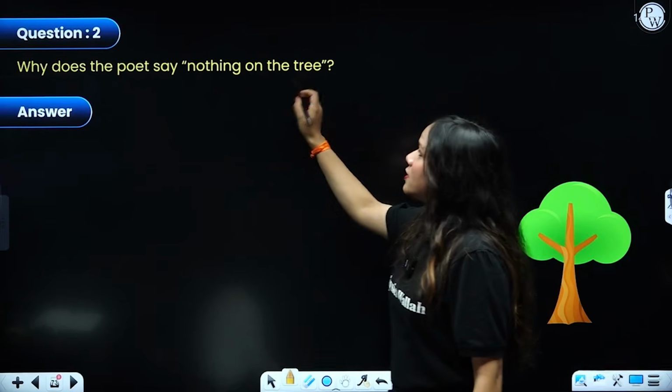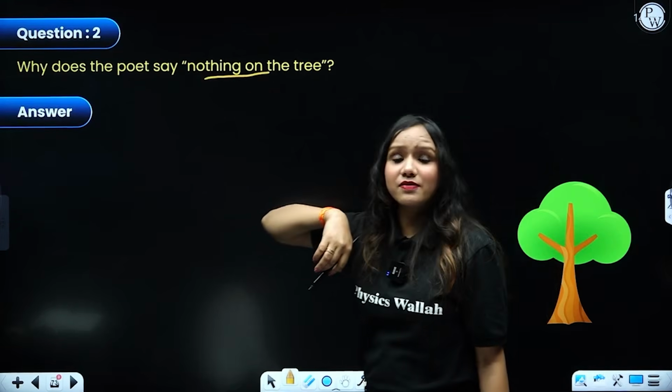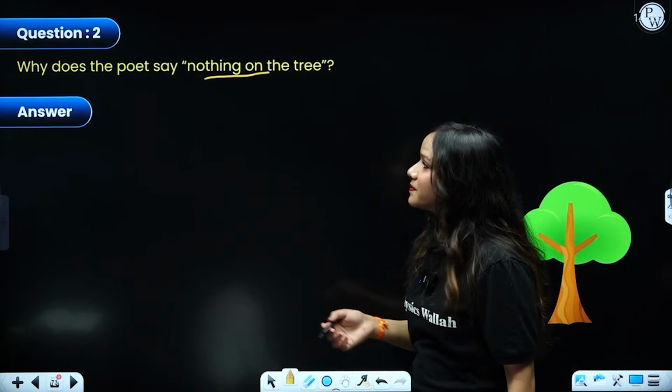So why does the poet say nothing on the tree? Nothing on the tree, and there would be a chameleon on this, right?